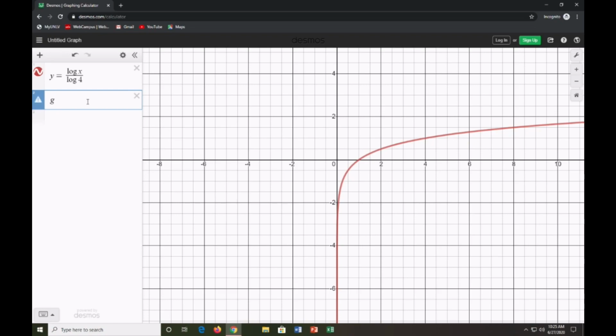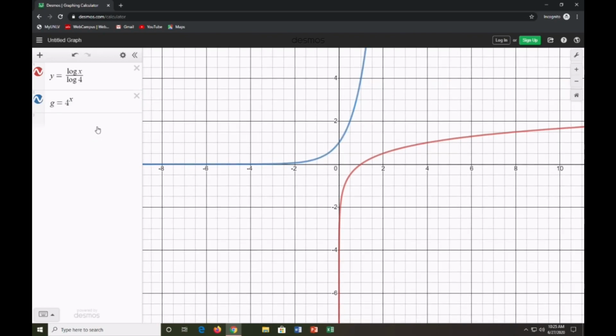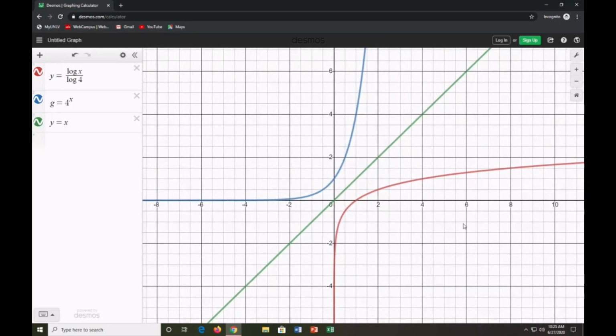And then g would be equal to 4 to the x power. And let me graph also the y equals x line right there. So the green line is the mirror, which is y equals x. The blue one is y equals 4 to the x power. And the red one is log of x to base 4.